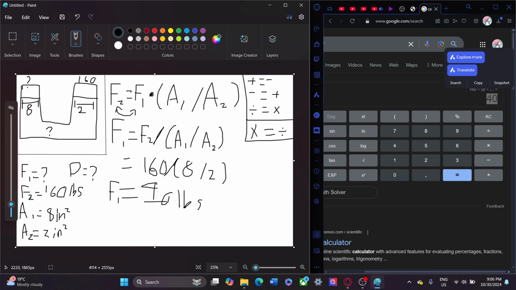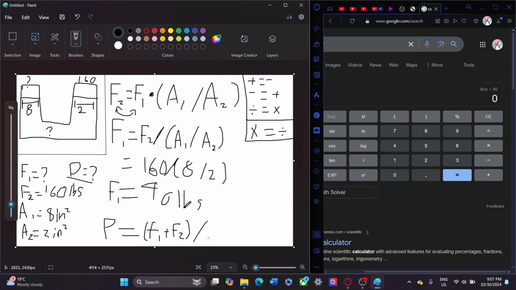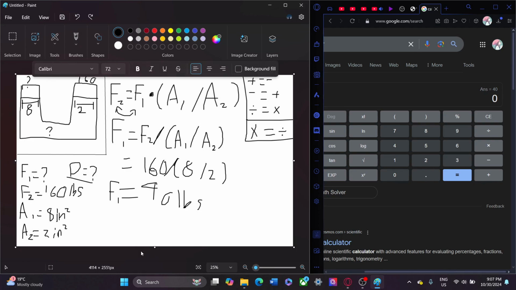Now that we know that this is 40 pounds, what we're going to do now is we're going to find the PSI. Now we do the same thing, which is P equals F1 plus F2, divide that by A1 plus A2. I gotta write that out, sorry, give me one second.